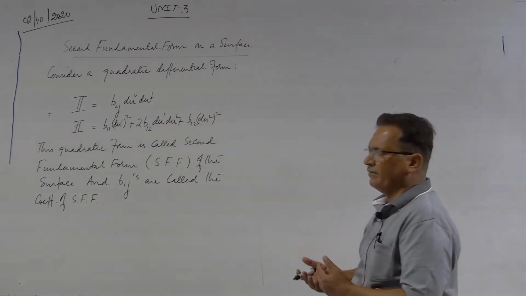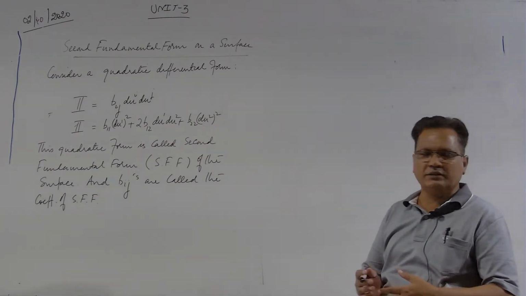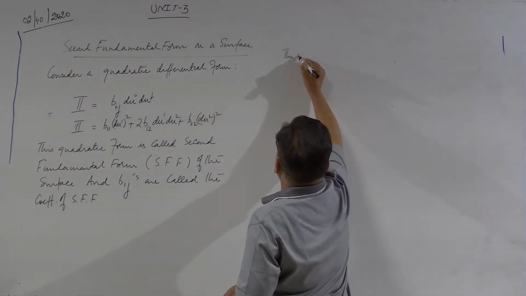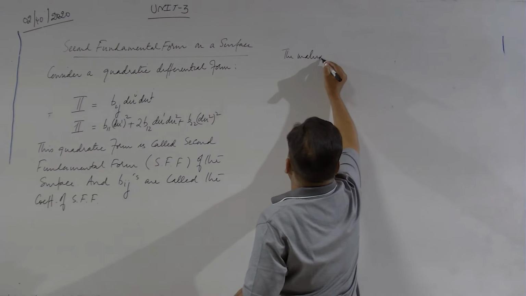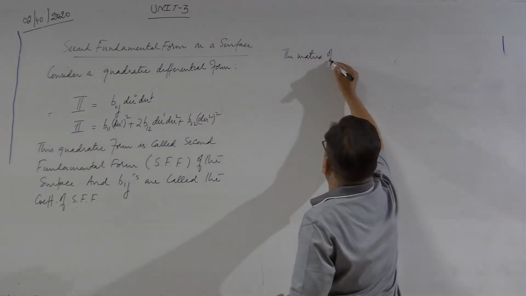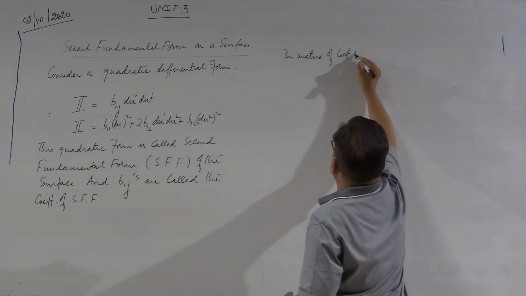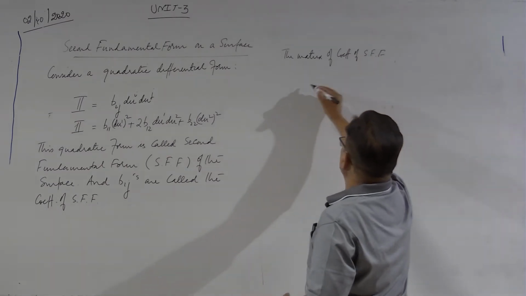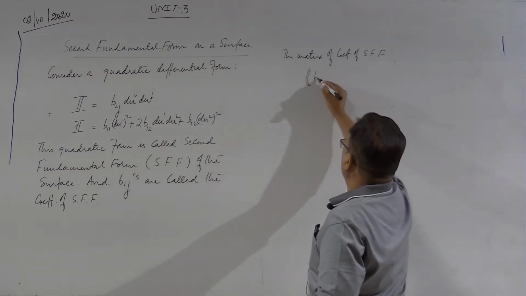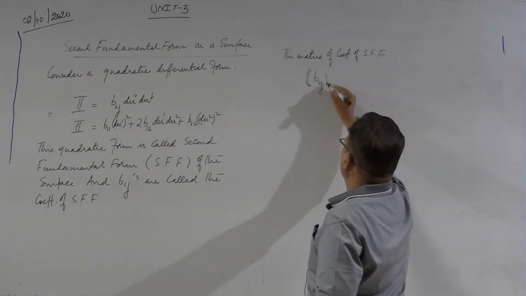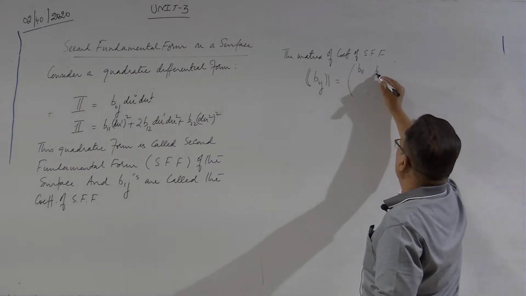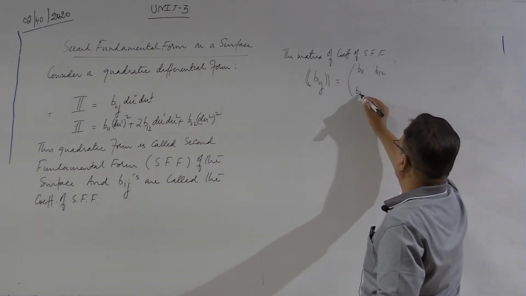you can make a matrix out of these coefficients. So, the matrix of the coefficients is a 2 by 2 matrix, in the same manner, on the same lines. I will denote this by the symbol Bij, and actually it is this matrix B11, B12, B21, B22.